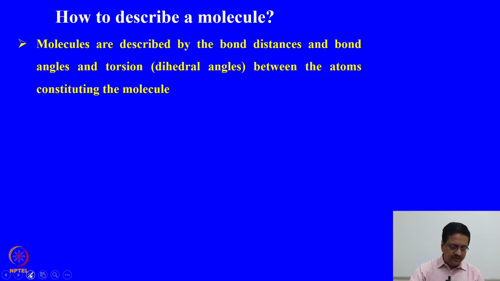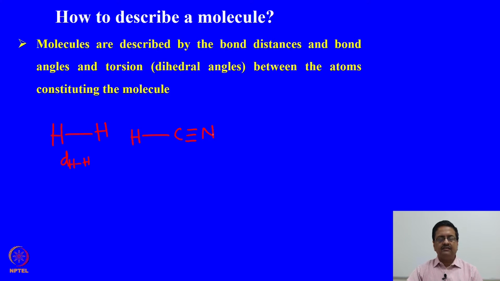For example, hydrogen, which we all know is a linear molecule. For a simple molecule like hydrogen, it is sufficient to know the distance between the two hydrogen atoms, that is, the bond length. Then if we think of a linear molecule like HCN, written like this, we have a single bond and a triple bond in this molecule.